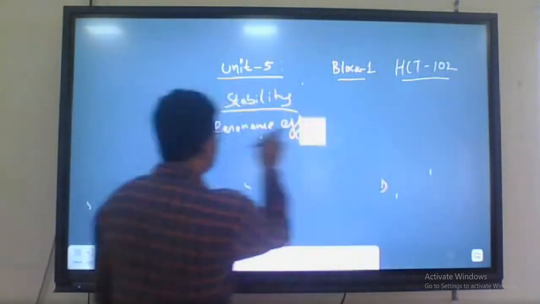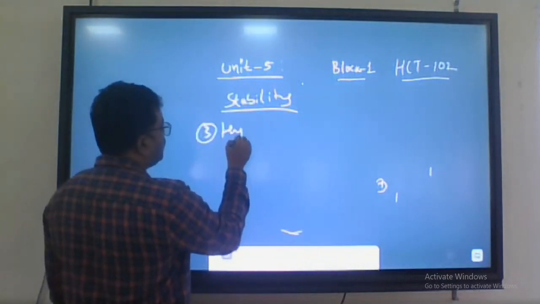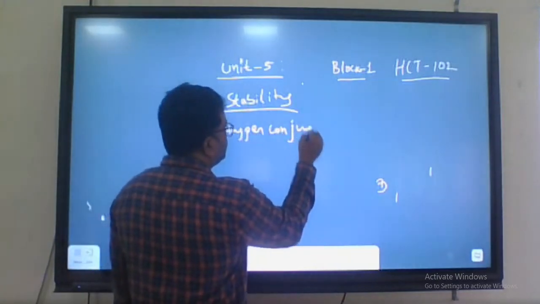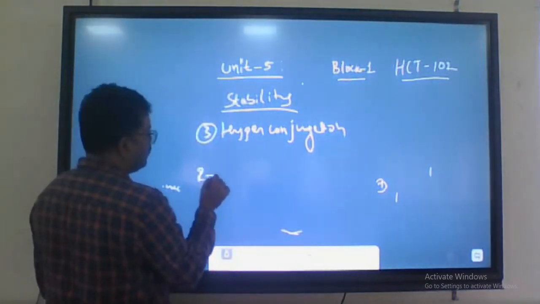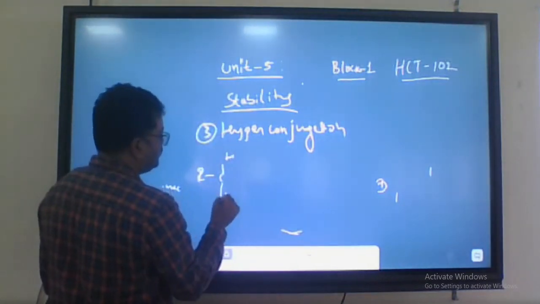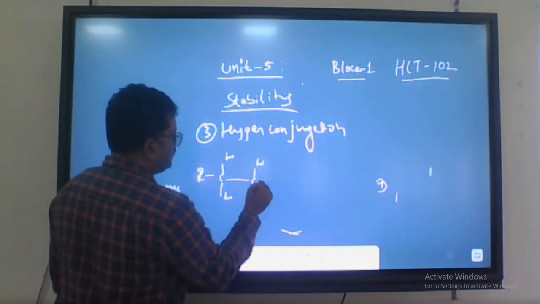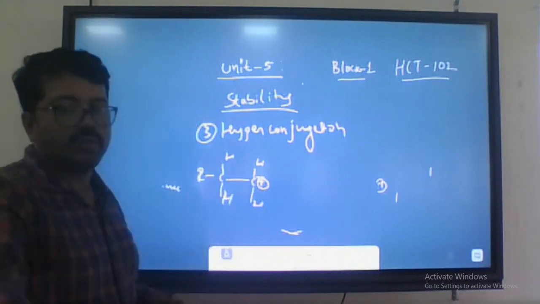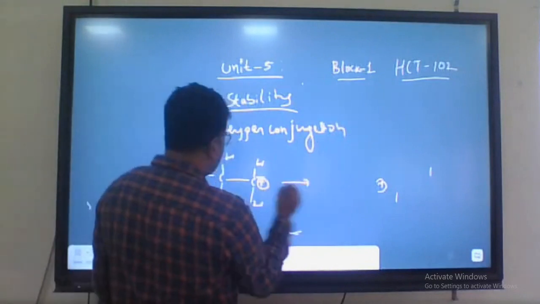Next, third one, hyperconjugation. Hyperconjugation also stabilizes. See, if this is the compound, there is a positive charge. This is called no bond resonance.